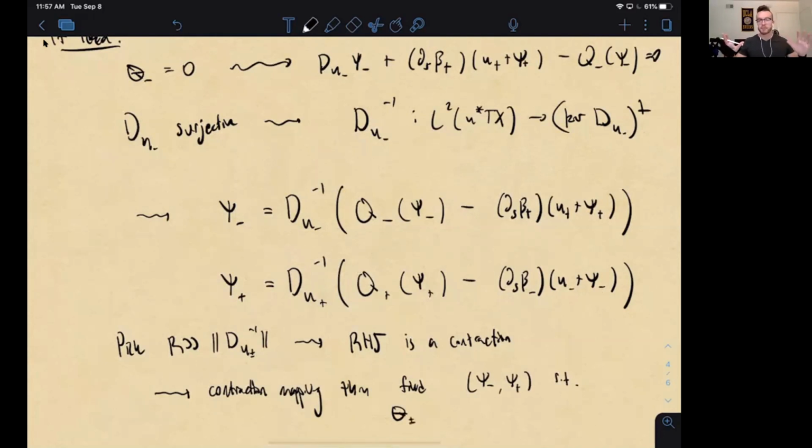And therefore, finally, we have glued and we have found a genuine flow line.